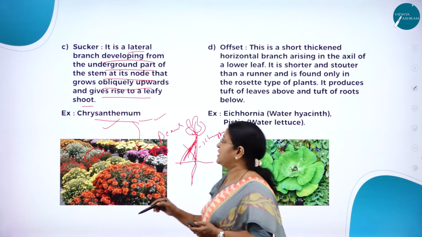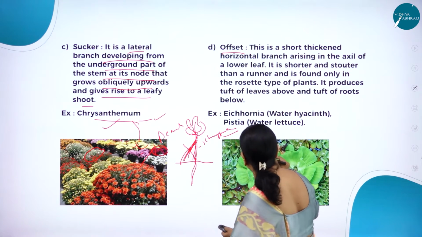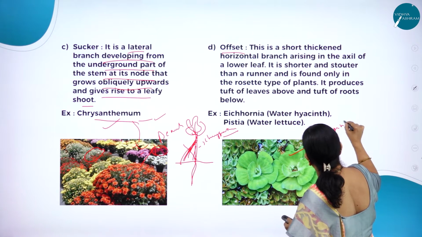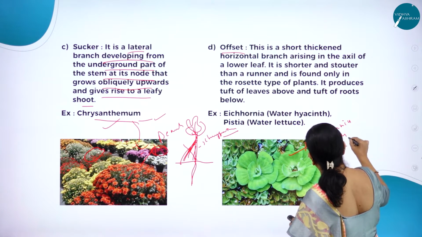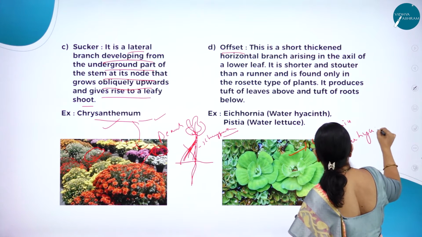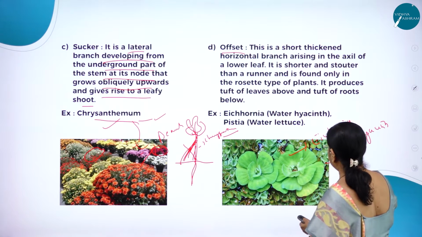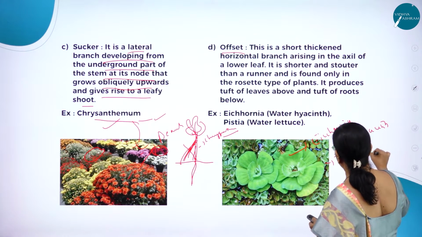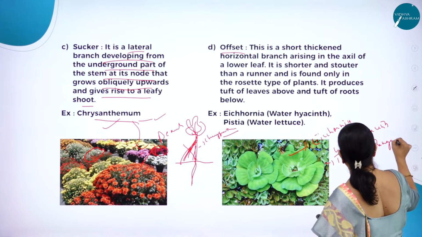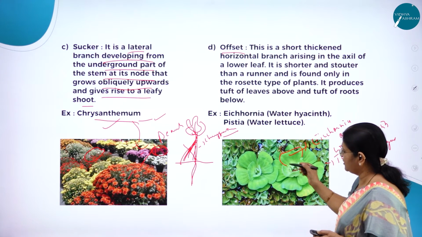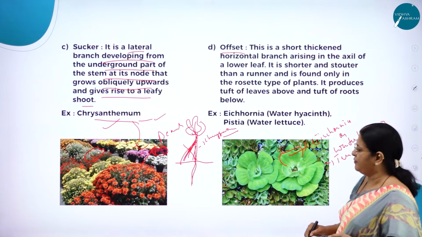Example is chrysanthemum. Offset: a very beautiful picture of Eichhornia, also called water hyacinth. See this beautiful picture. This is called the terror of Bengal. It was brought to India because of its beautiful leaves. See how beautiful the leaves are, right?